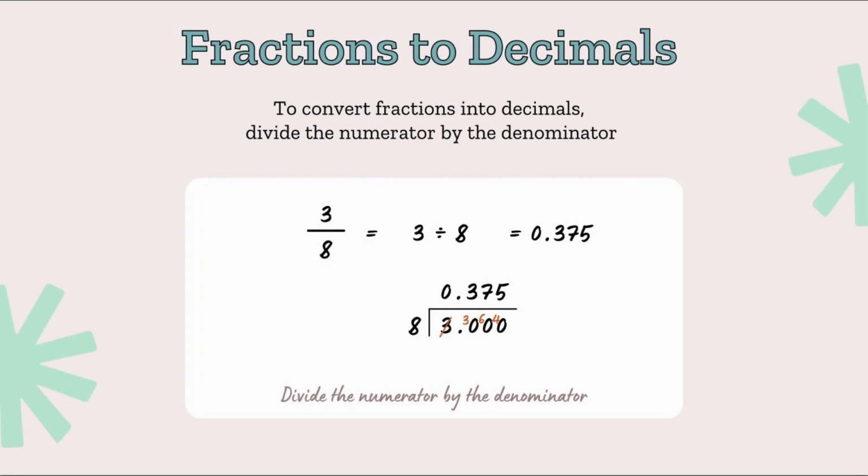Since your 3 is your numerator, that will be your dividend. And 8 is your denominator, that means it will be your divisor. So 3 divided by 8 will give us 0.375. That means the fraction 3/8 is equal to 0.375 in decimal.